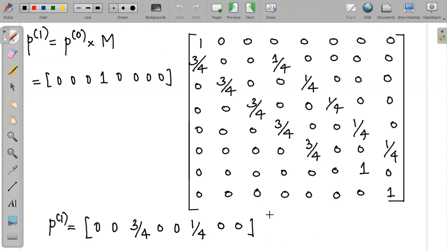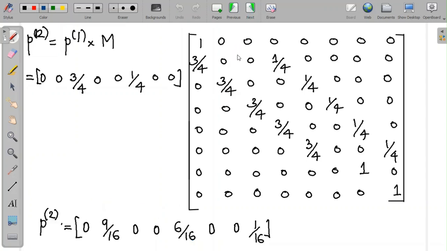The result is a 1 by 8 matrix again, which tells us that he will have 0 rupees with a chance of 0, 1 rupee with a chance of 0, 2 rupees with a chance of 3 by 4, 3 rupees with a chance of 0, 4 rupees with a chance of 0, 5 rupees with a chance of 1 by 4, 6 rupees with a chance of 0, 7 rupees with a chance of 0 again. But we are not focused on finding what P1 is, so we'll move on to the next time step, P2.